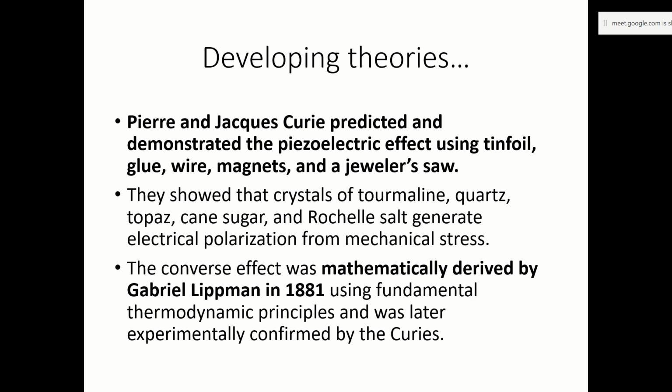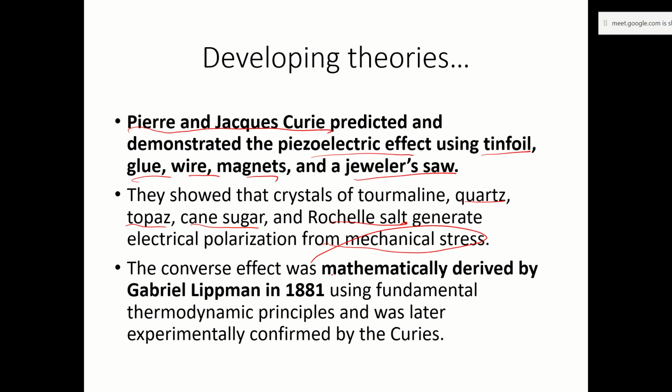In the original work of these Curie brothers, they showed the piezoelectric effect in tinfoil, glue, wire, magnets, and a jeweler's saw. Quartz crystal, cane sugar, Rochelle salt, topaz, all of them showed this kind of behavior: when you apply mechanical stress, it will produce electricity.